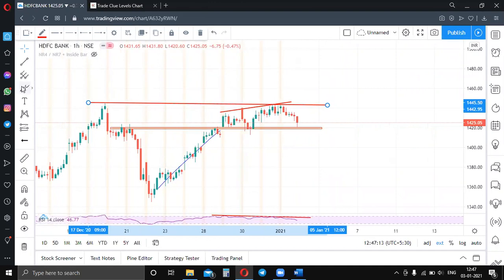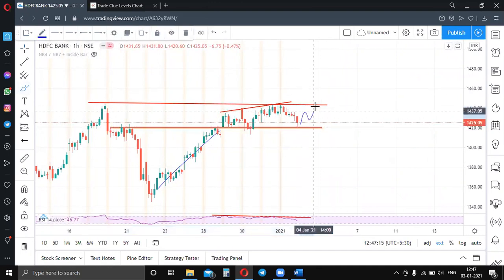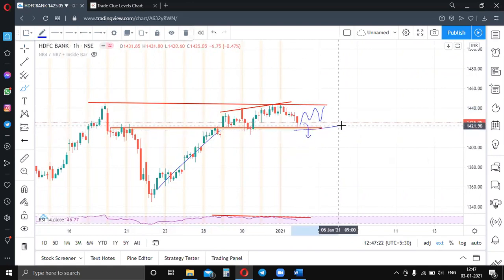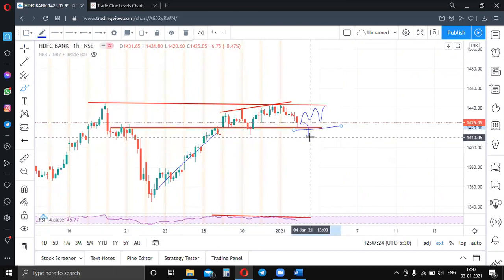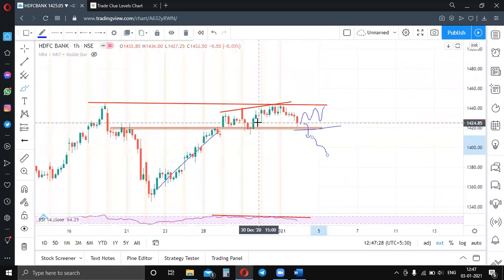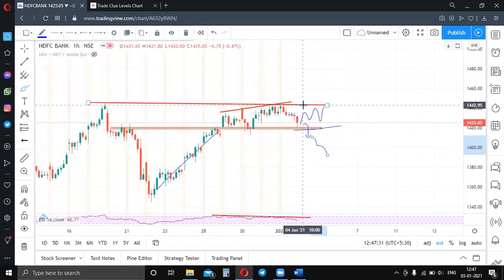Otherwise, it will be a consolidation stage. If it is breaking the consolidation downside, a clear down trade we can see in Bank Nifty as well, because this individual stock carries a lot of weightage.